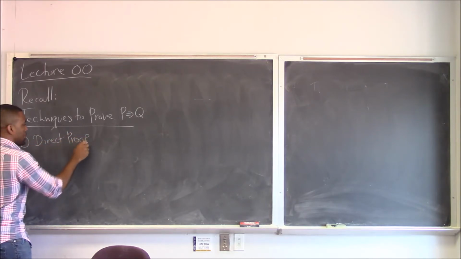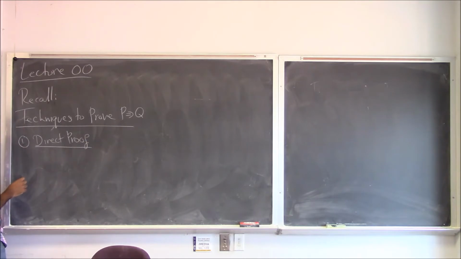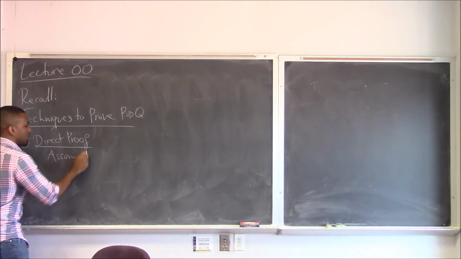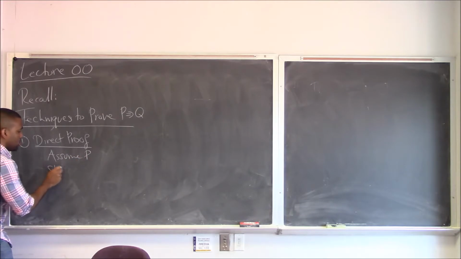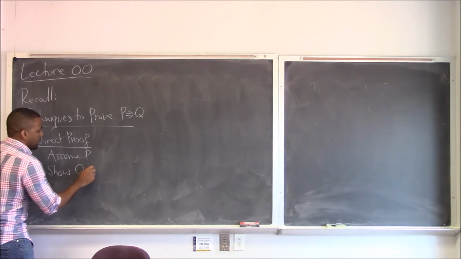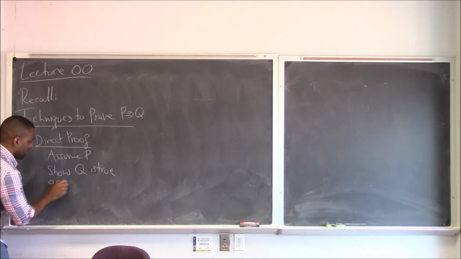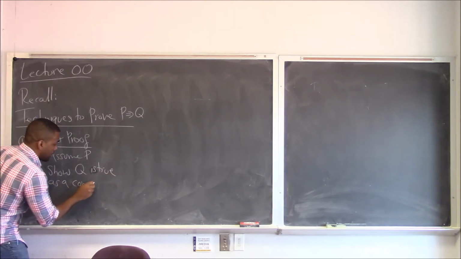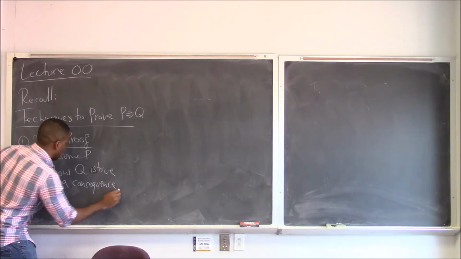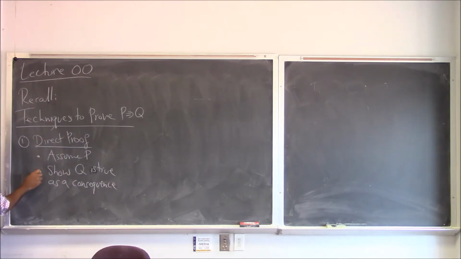And you remember what we did there? How would you describe a direct proof? Assume P, show Q is true as a consequence. Right, so that was a direct proof.